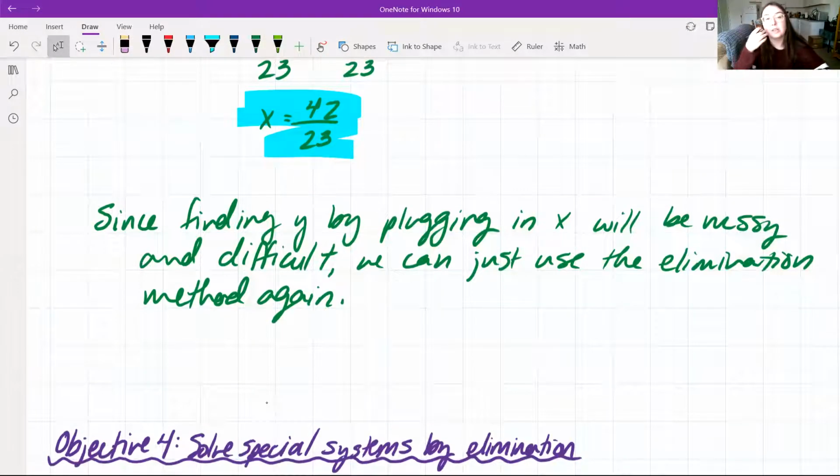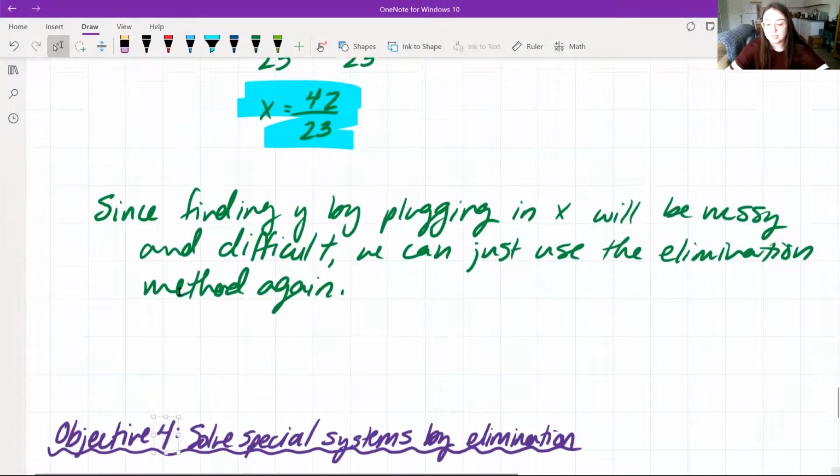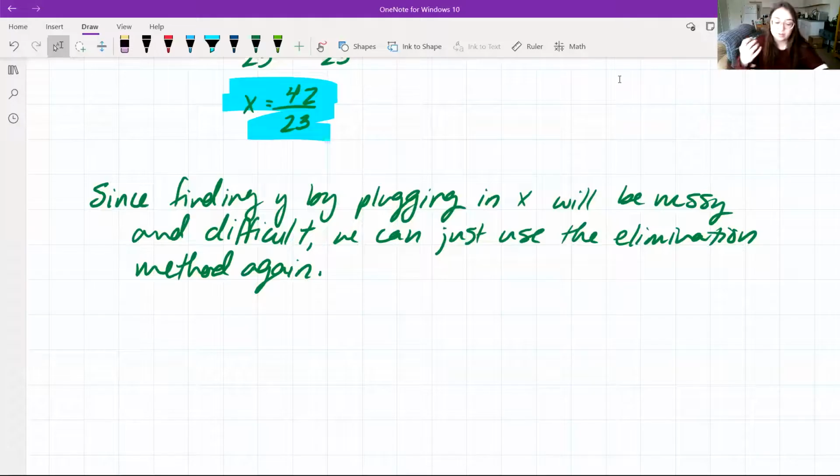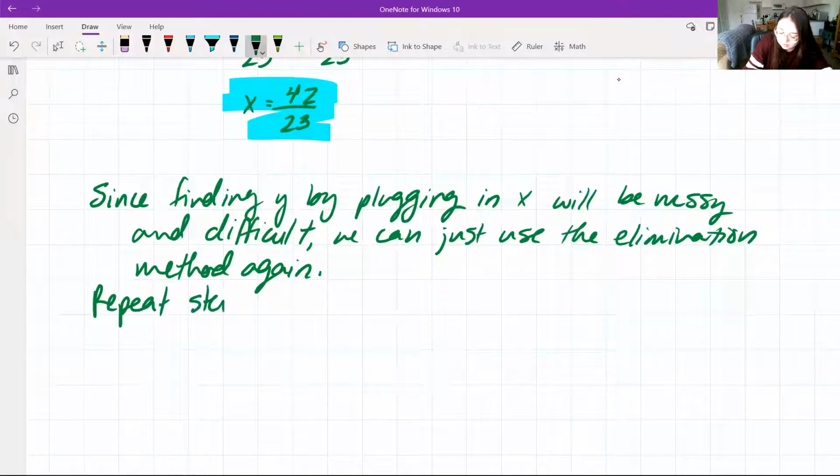So what we're going to do is go back to our step 2. So we'll need to repeat steps 2 through 4 to solve for y now.